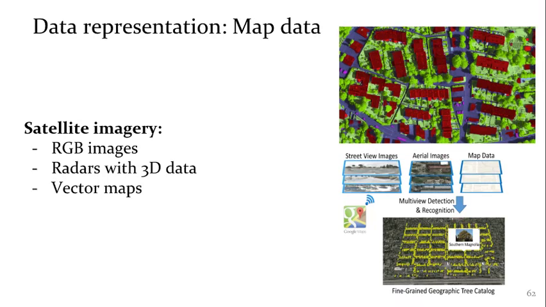Or if you work with Google Maps, in one of the representations you don't even have images and pixels. You have point, line, point, line, point, line. So there is a vector representation. And just to work with all of this, it's again a different task. Ideally, you can convert it to something you already know, and then use models that you already know.